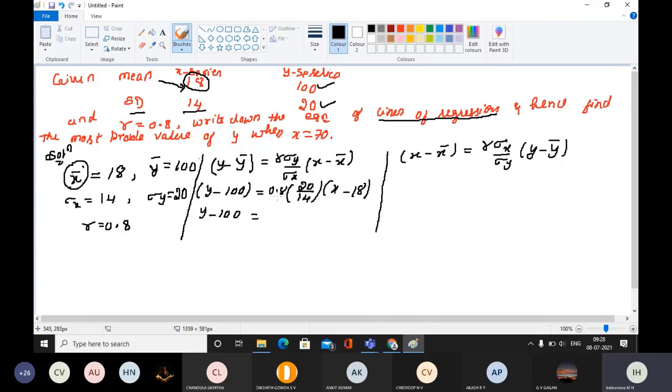Tell me fast. 1.1428 into x minus 18. So now y minus 100 is equal to 1.1428 into x minus, what is 1.1428 into 18?